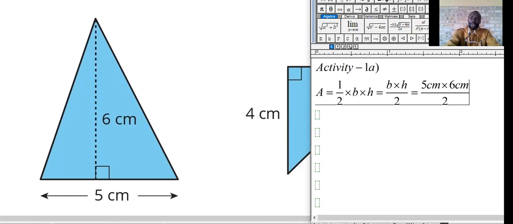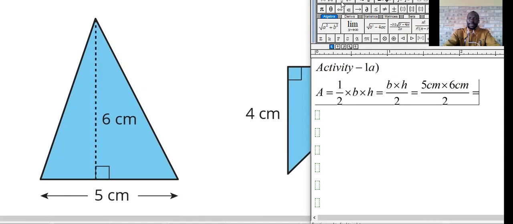So when we do that, what we get is 30 for 6 times 5, divided by 2. Now 30 divided by 2 is 15. You could still write it as 30 divided by 2, it's fine, or you can just get the final answer right away. So just one more step there.